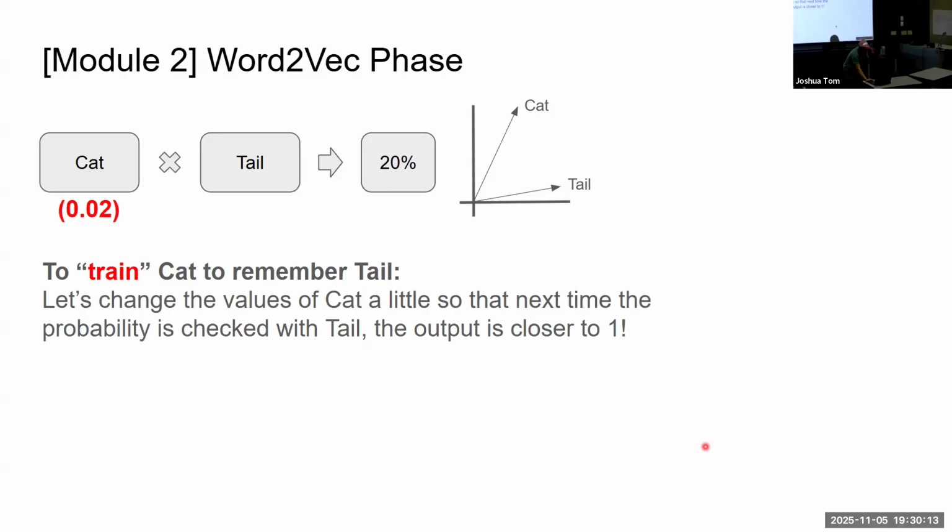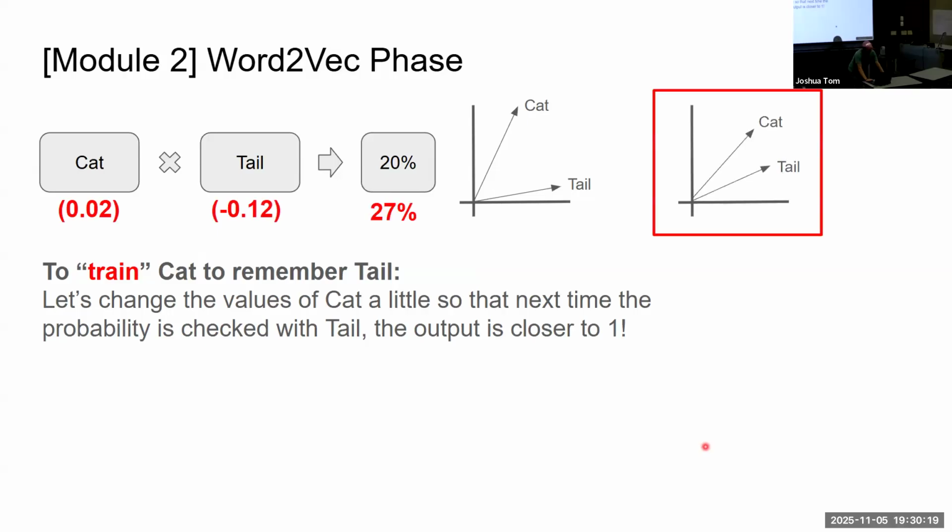It could be something like multiply cat by 0.02 or subtract 0.12 from all the values of tail, as long as that nudges the two vectors together. So now there's a higher likelihood. That is the basis for everything, nudging the values together.